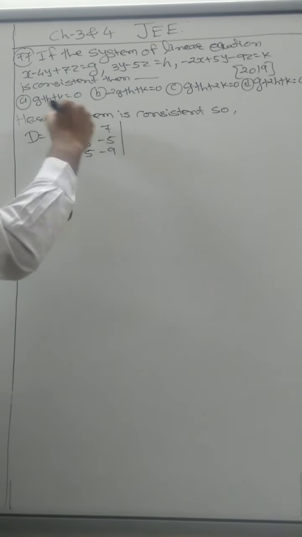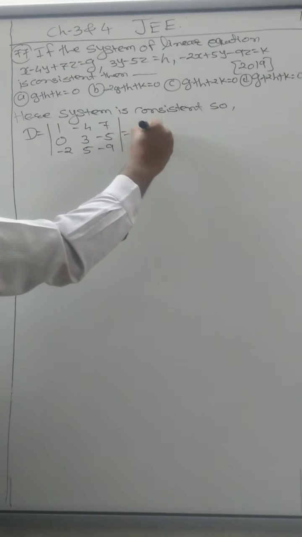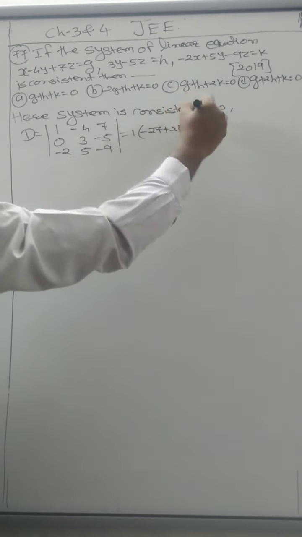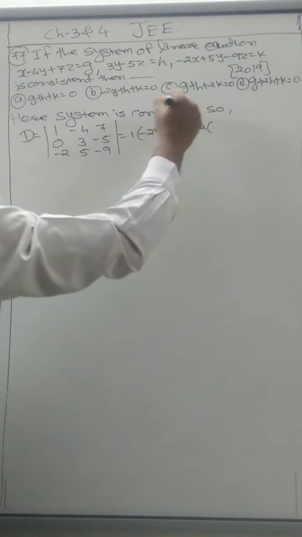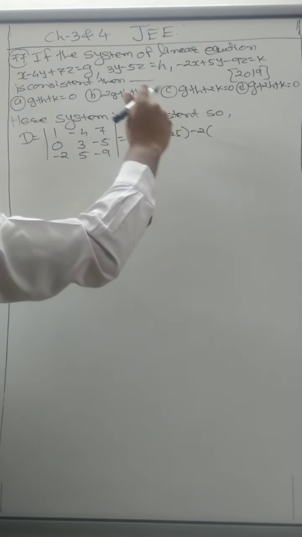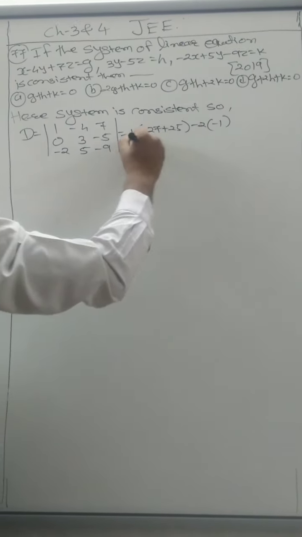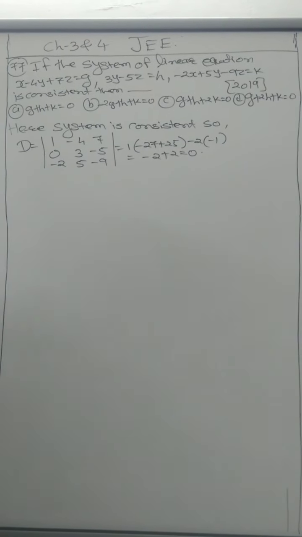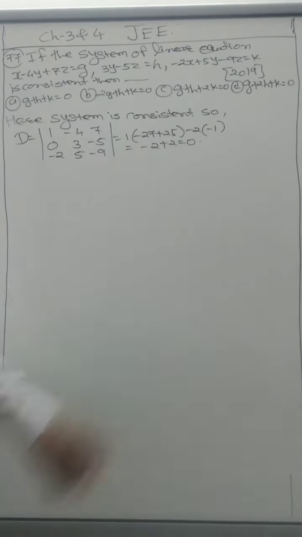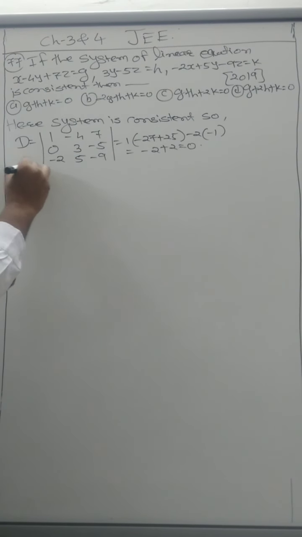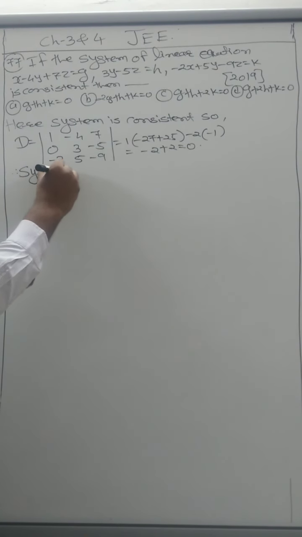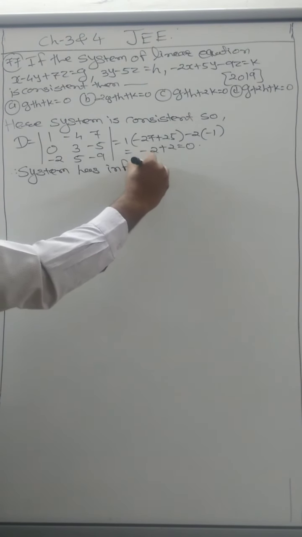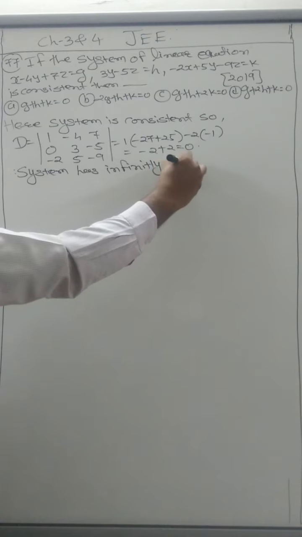If we simplify this with the first column, we get 1 times minus 27 plus 25, minus 2 times minus 20 minus minus 1, it is minus 2 plus 2 which is 0. Therefore, we can say that this system has infinitely many solutions.